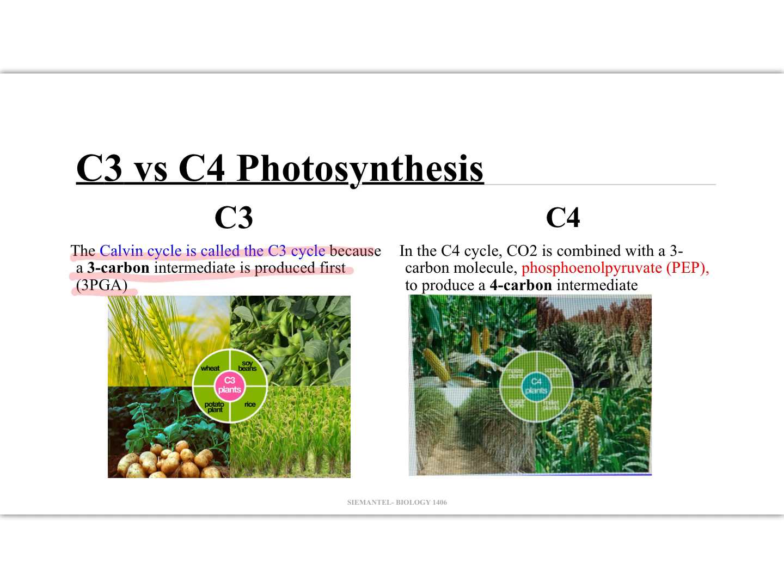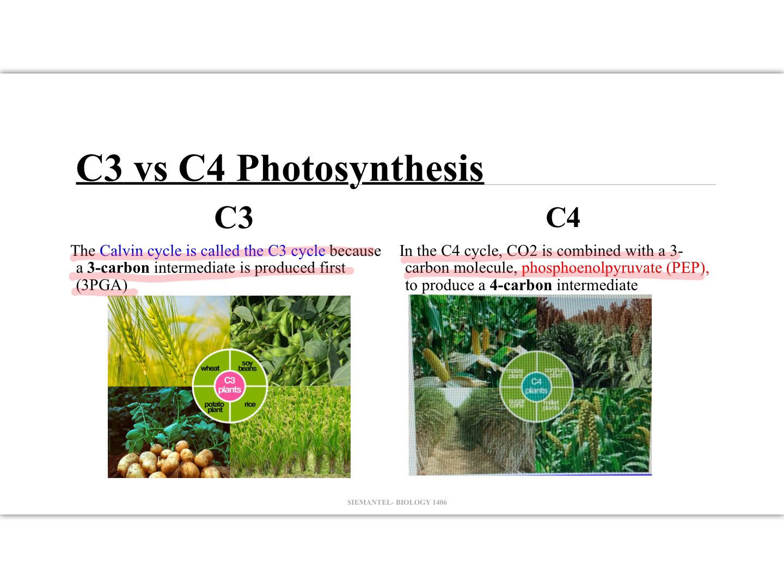So what about my plants that do live in these harsher conditions? What do we call them? Well, we call them C4 plants. And that's because they go through a slightly adjusted version of the cycle. In the C4 cycle, carbon dioxide is first combined with a 3-carbon molecule called PEP, and that makes it a 4-carbon molecule.